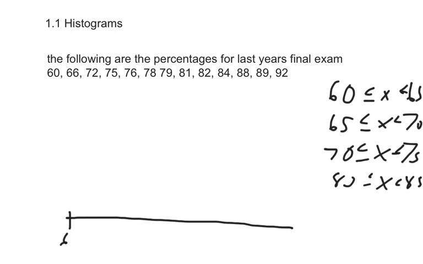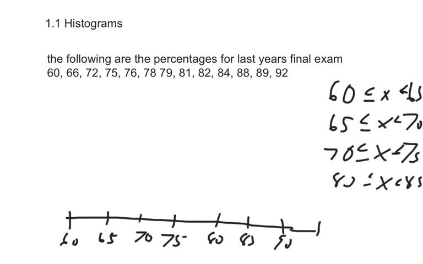So here's 60, 65, 70, 75, 80, 85, 90, and 95. So in between 60 and 95, these were the scores.